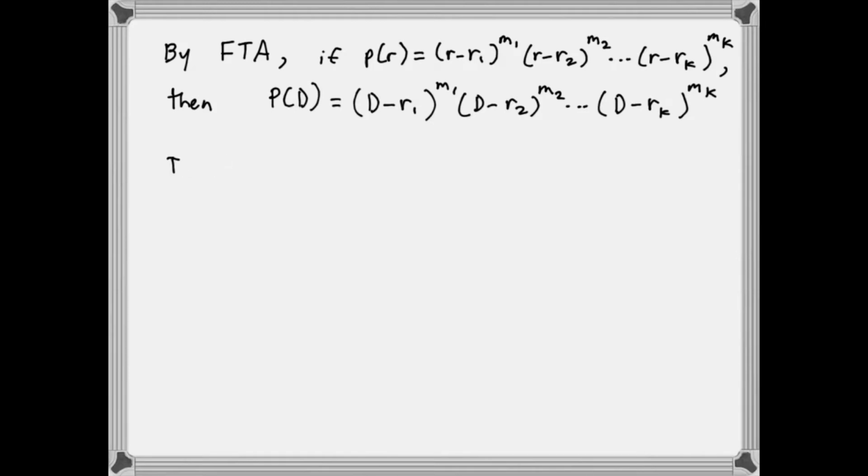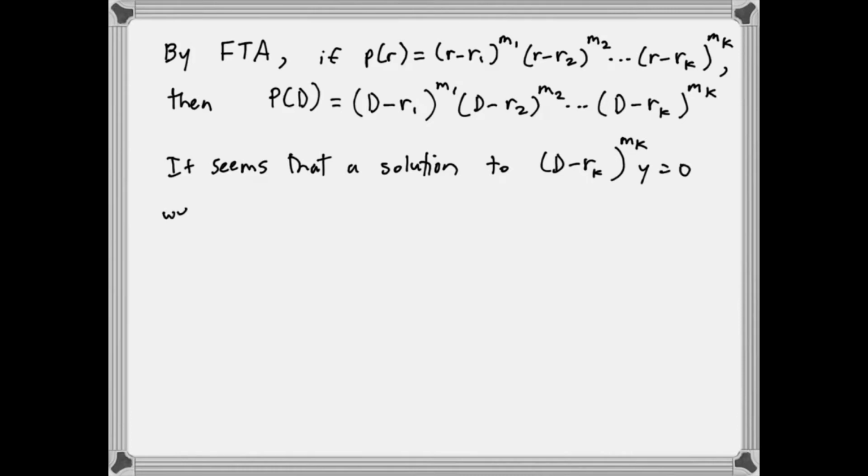Let me just say, it seems that a solution to D minus rk to the mk y equals 0 will be a solution to the entire thing.